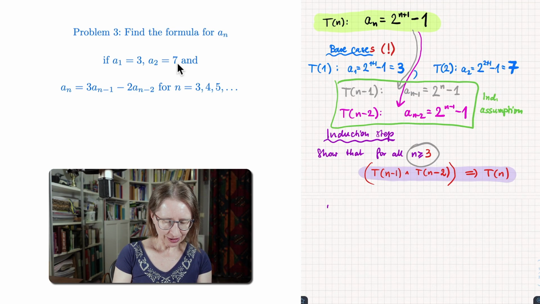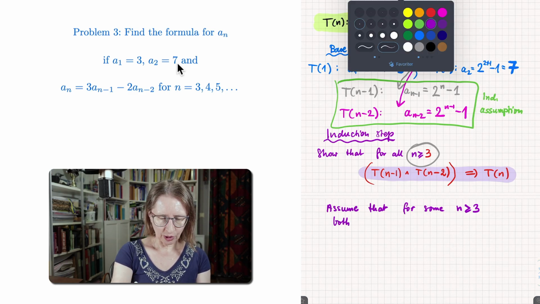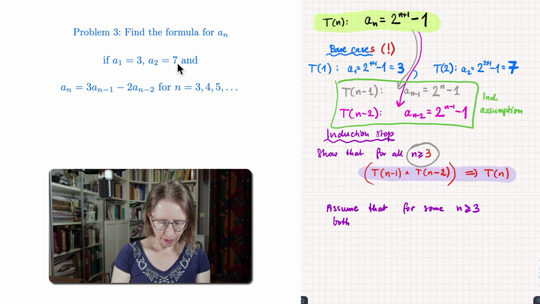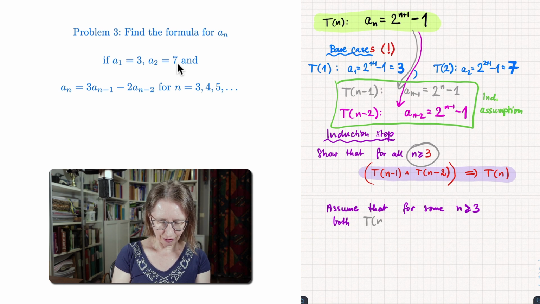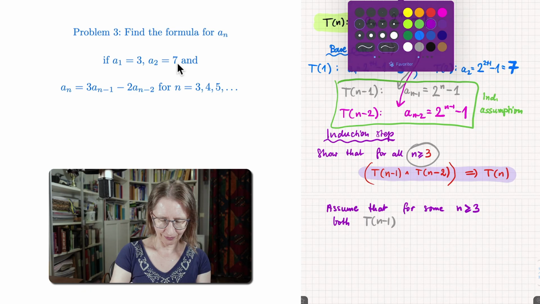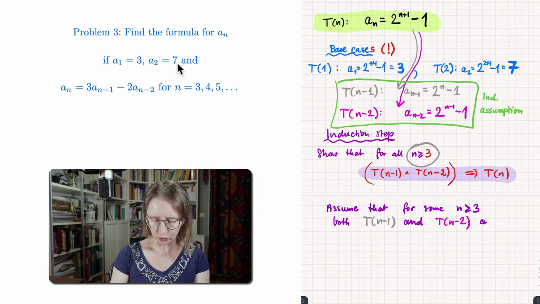So now, assume that for some n which is greater than or equal to 3, both T of n minus 1 and T of n minus 2 are true.